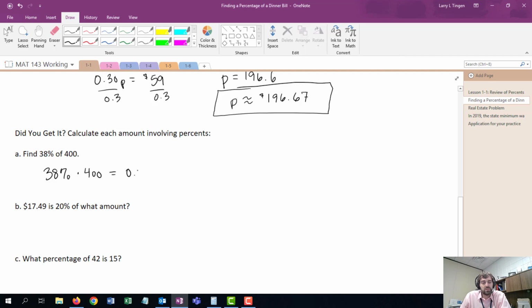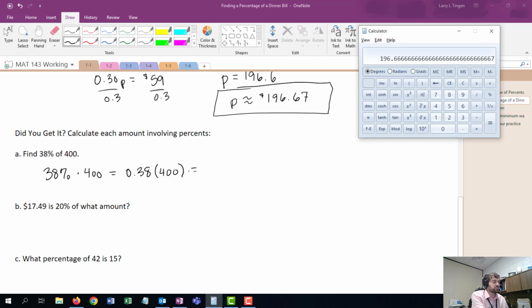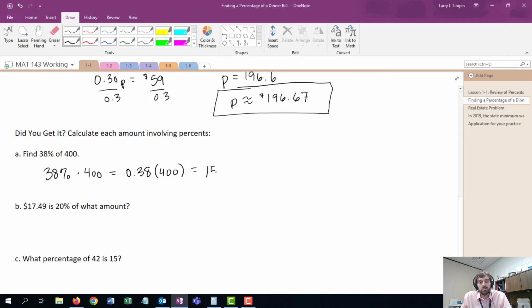Can't do math with a percent, so I've got to change it to a decimal. And 0.38 times 400, 152.